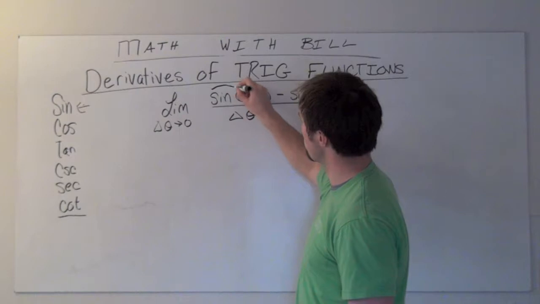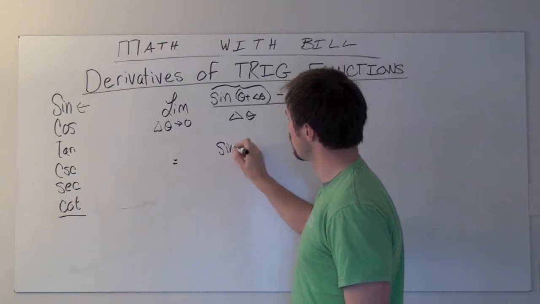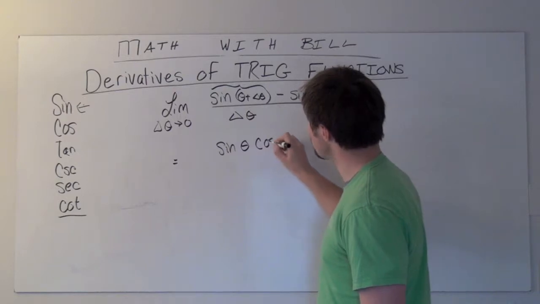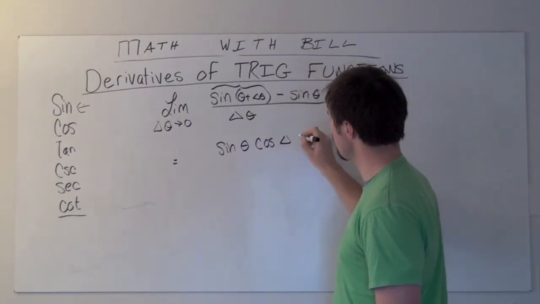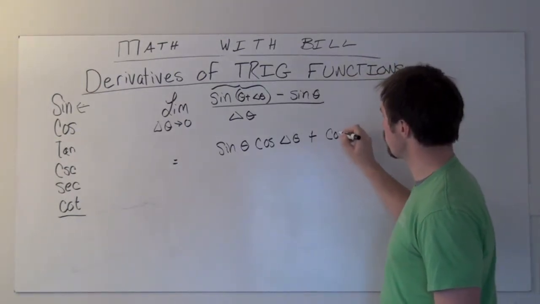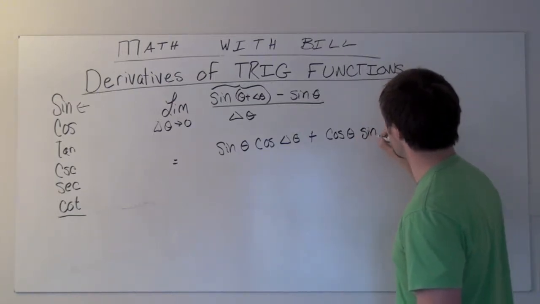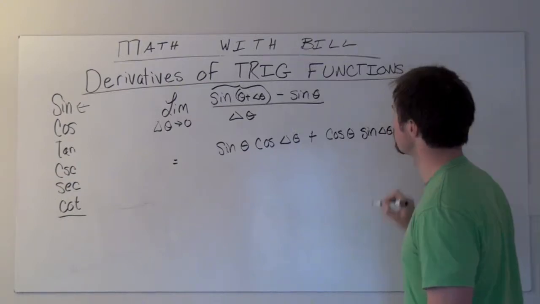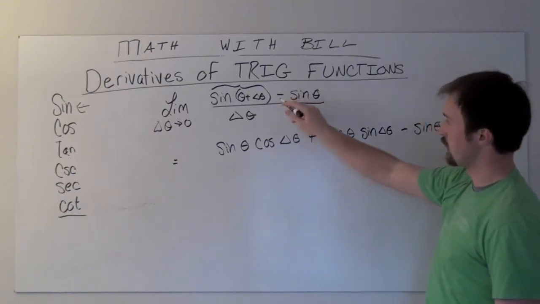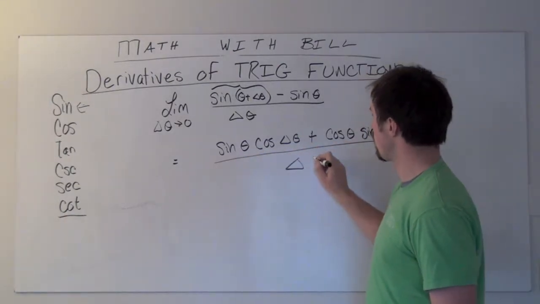What we're doing right now is expanding this piece, and that gives us sine of the first, which is sine theta, times cosine of the second, delta theta, plus cosine of the first, cosine theta, times sine of delta theta, minus sine theta. That's just copying this last piece over. All of this is now under our delta theta.